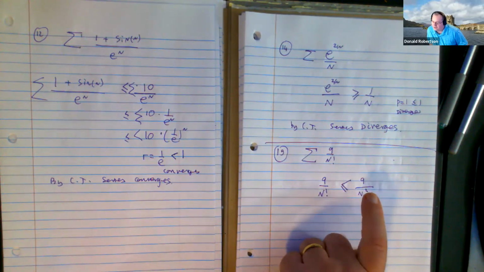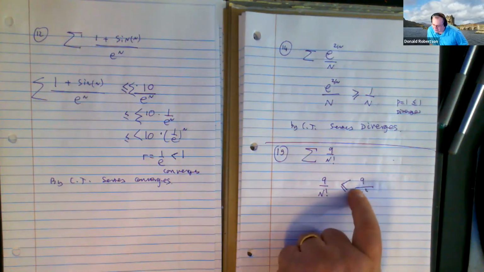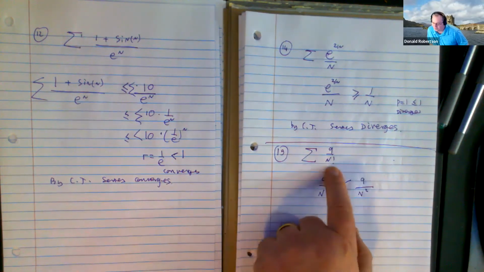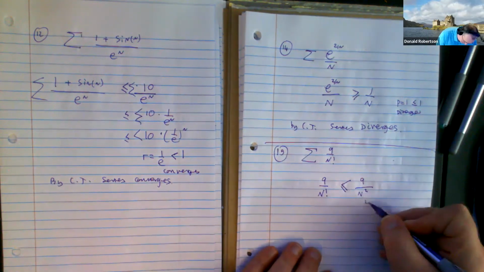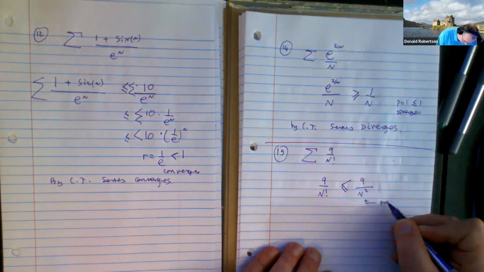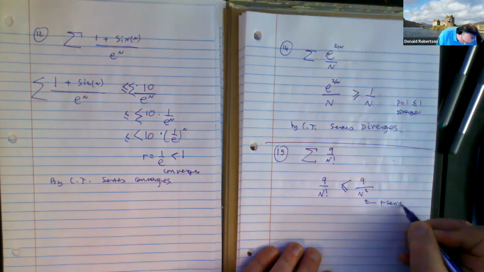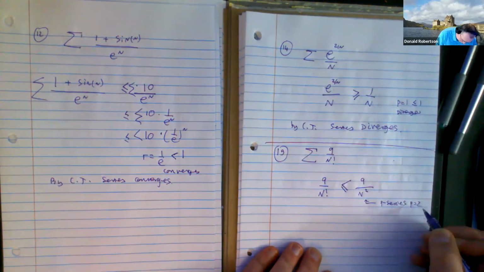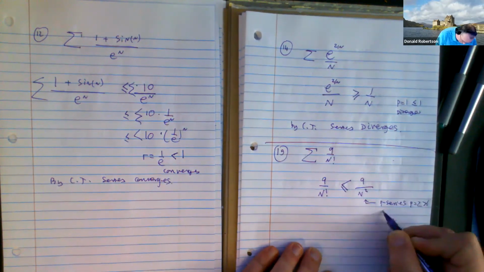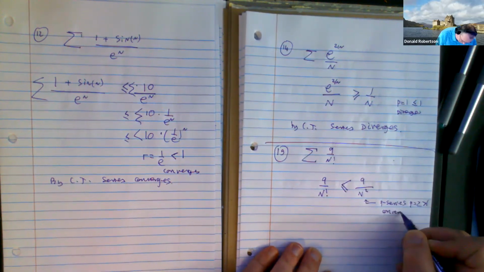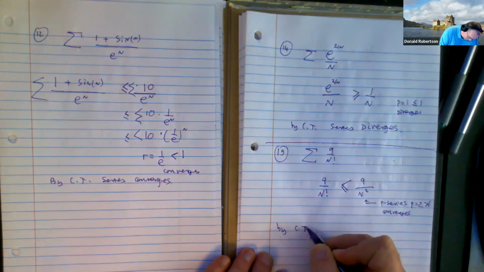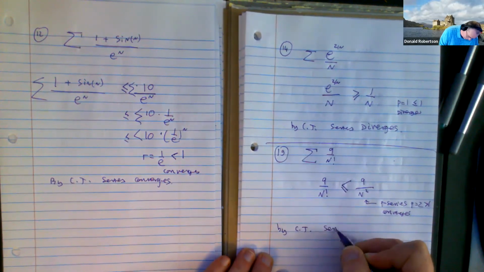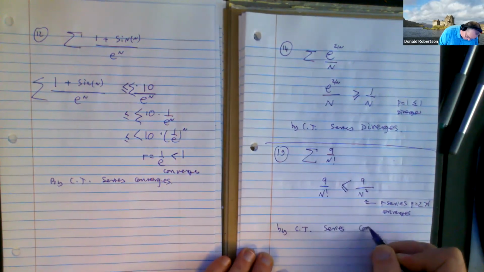And so smaller numbers, bigger fraction, bigger numbers, smaller fraction. This is true. And we know this guy, he's a p series. The p value is 2, which is greater than 1, so it converges. And by the comparison test, our series converges.